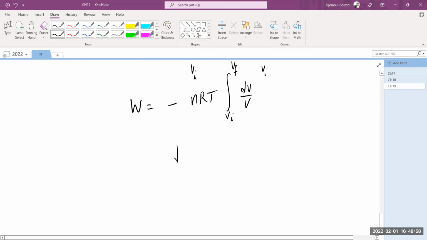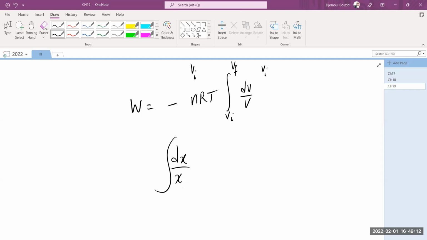Now I ask you, what is the integral of dx over x? Which function, if I take its derivative, I find 1 over x? You can Google it, you can look at your book of mathematics.